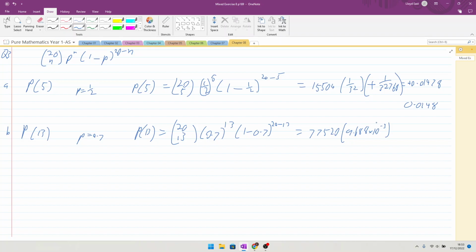And 0.3 to the power 7 is 2.187 times 10 to the minus 4. So times that one by that one, times by 77520, and we get 0.1642, so 0.164.